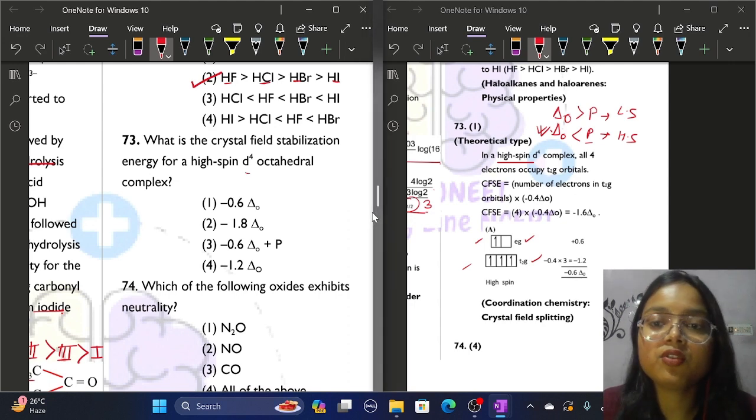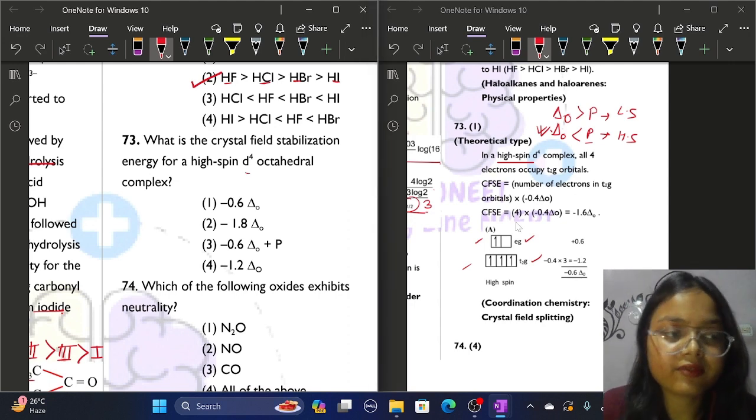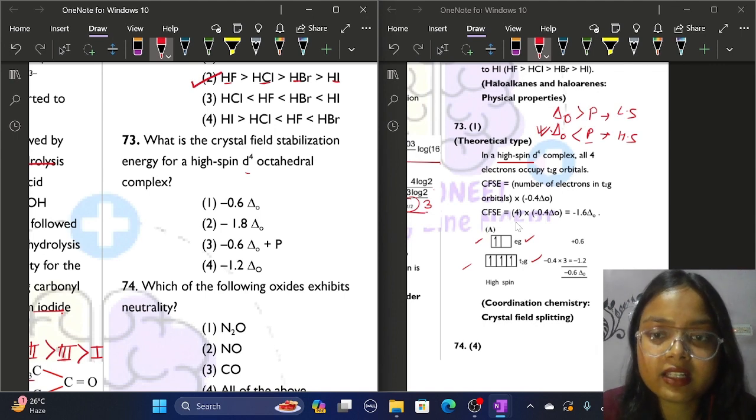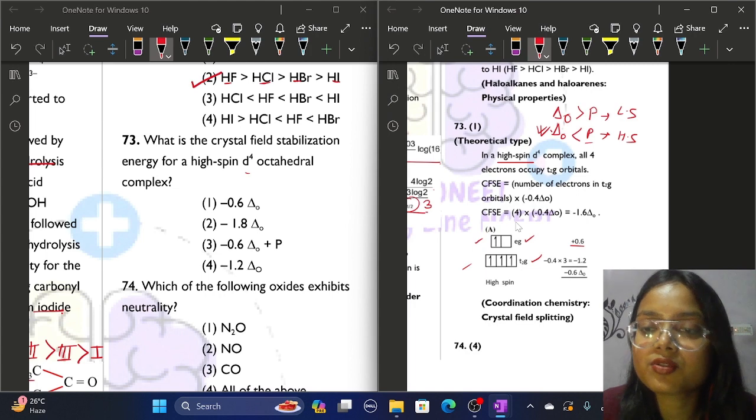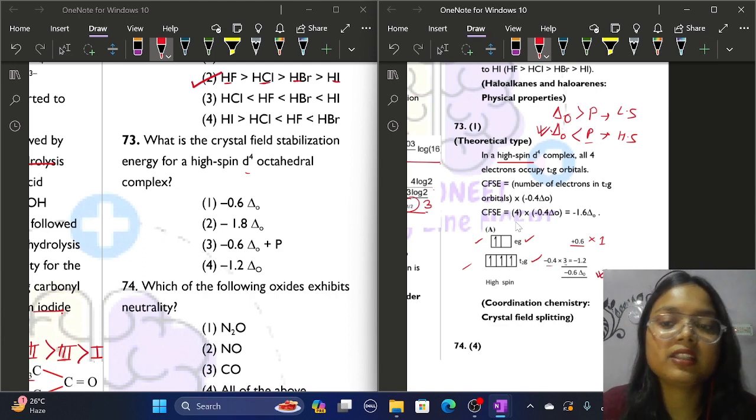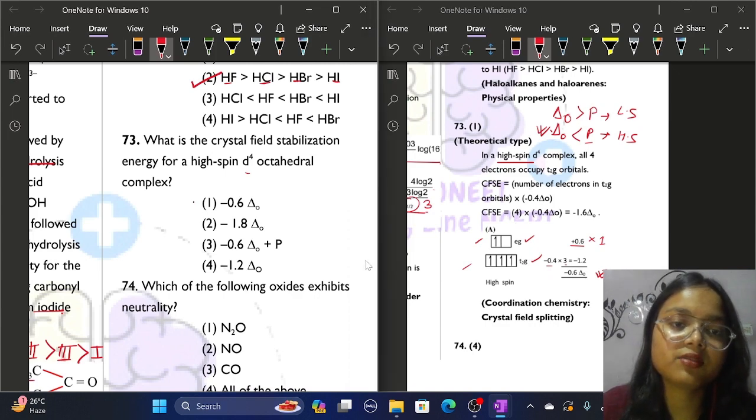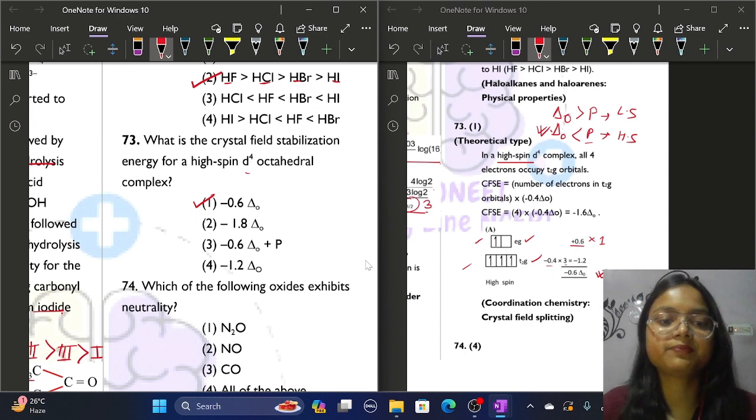So for d4, the 4 electrons will occupy like this. For Eg, it has only 1 electron, so 0.6 into 1. And for T2g, it has 3 electrons, so 0 into 3. So the CFSE value comes out to be 0.6. Okay, so the first option will be correct.